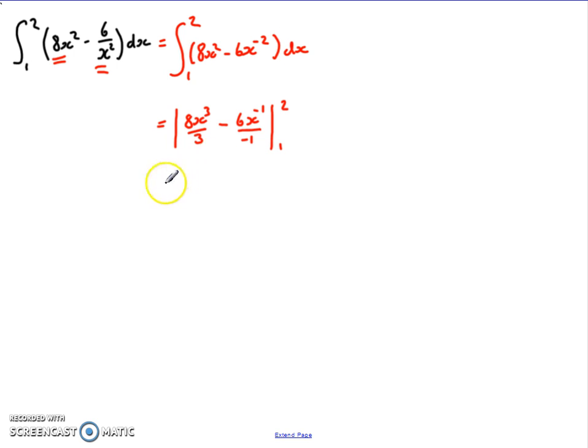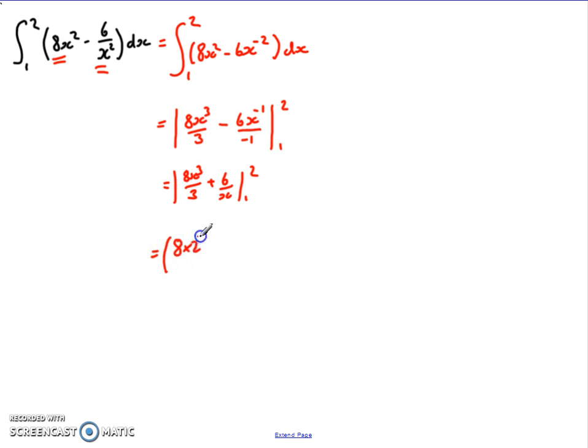We can simplify this a little bit here at the end, and we then get 8x cubed over 3, minus, minus becomes a plus 6, well, x to the negative 1 becomes over x from 1 to 2. It's always good to put this in this form. If you've got negative powers, stick them on the bottom and simplify, because that will be a heck of a lot easier to calculate. We then do our same thing, so calculate the value at the upper, calculate the value at the lower, find the difference.